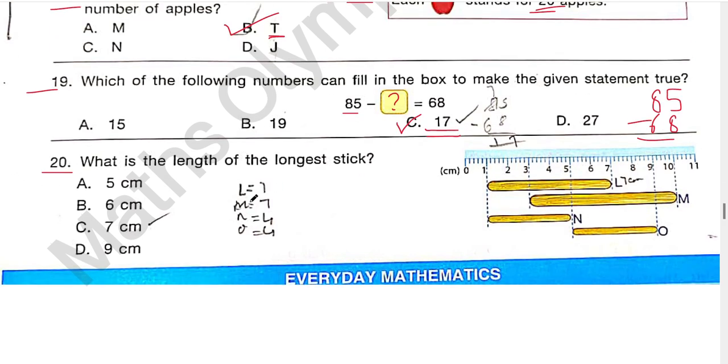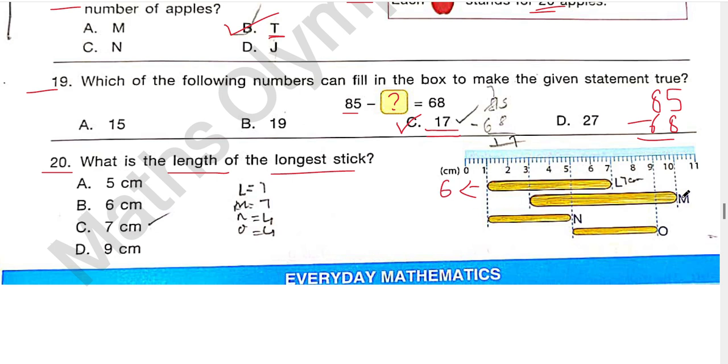Question 20 is, which of these sticks is the longest. First we have to find which is the longest stick, and then check the length of that longest stick. There are in all 4 sticks: stick L, M, N and O. L here, the length is 7 minus 1, that is 6.